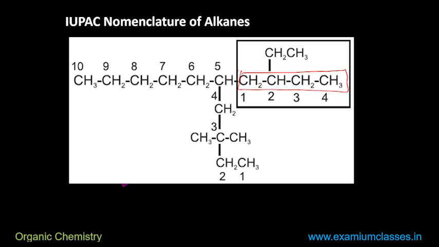And branching is on second carbon. On second carbon, what I have? Ethyl. So this is 2-ethyl. Is this clear? Yes, sir. And because the root is of 4 carbons, if it were the main root, we would have called it butane. But because it is a branch, I will call it butyl.